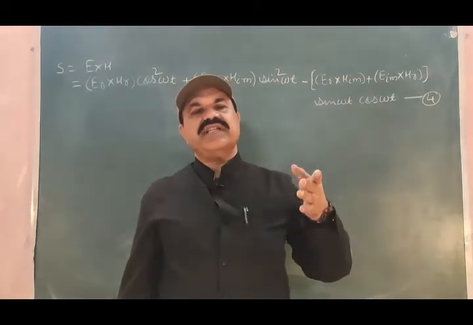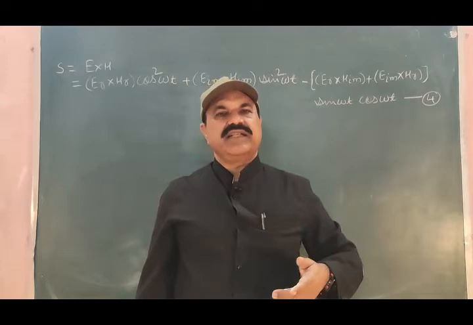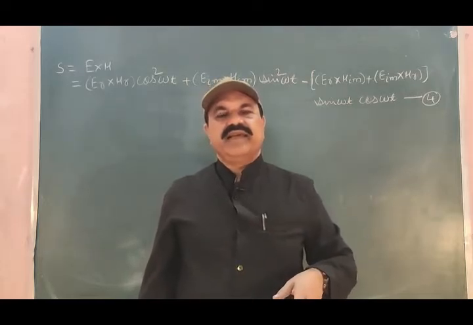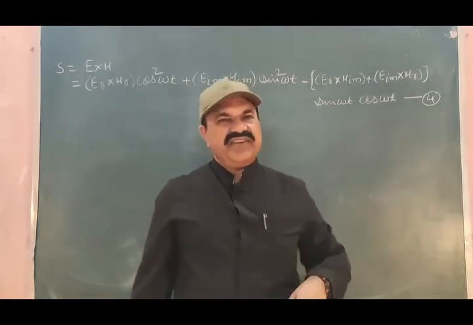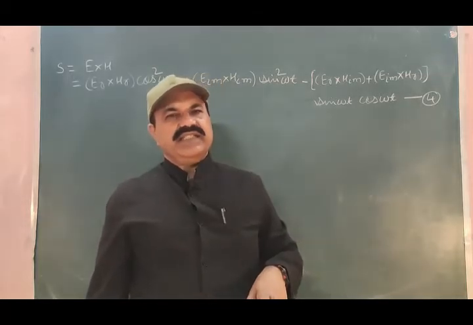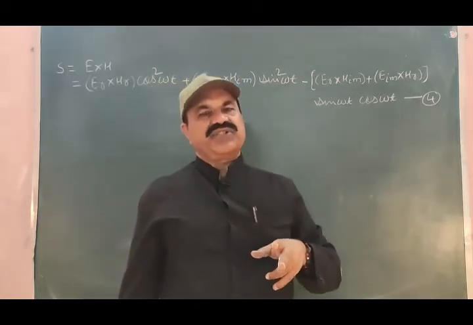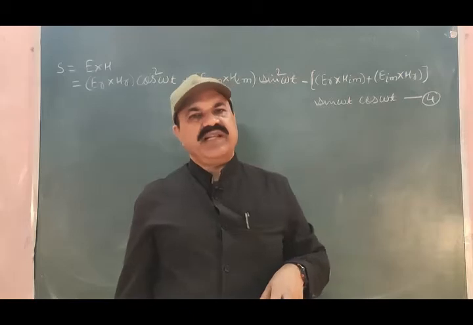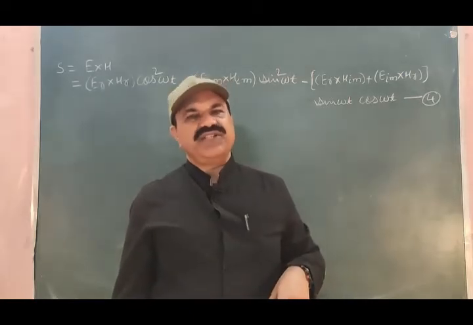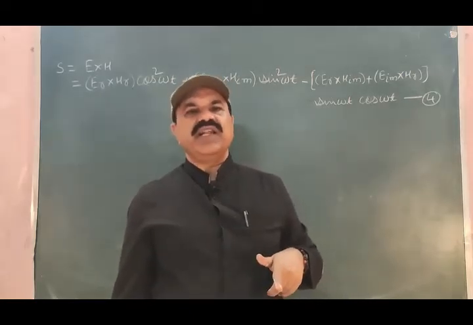let us consider light energy as an example of electromagnetic energy. We know that light energy is electromagnetic energy. It has two components: electrical component capital E and magnetic component capital H, which are mutually perpendicular to each other.